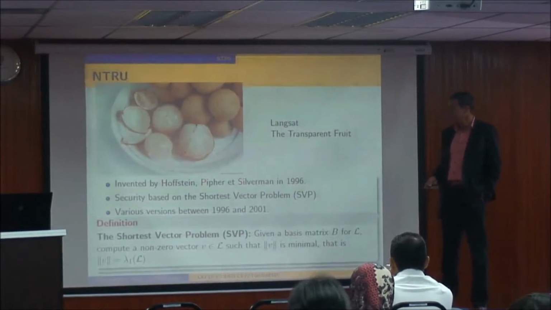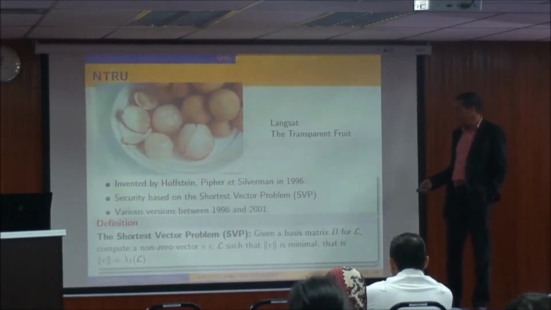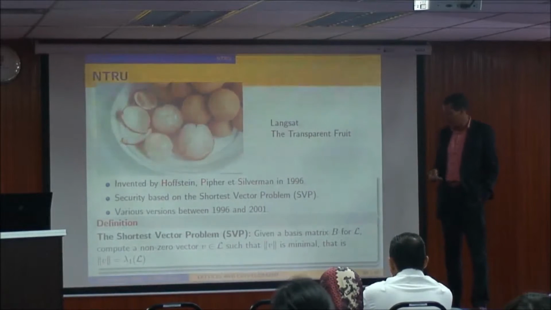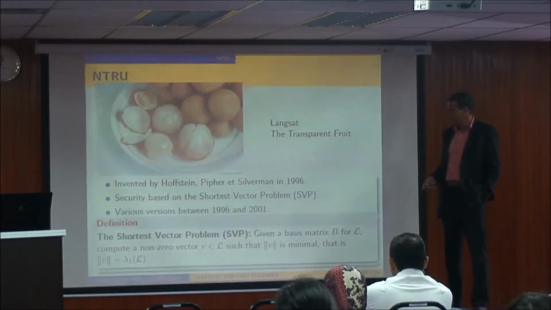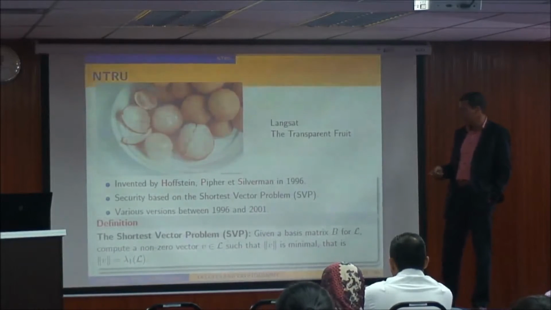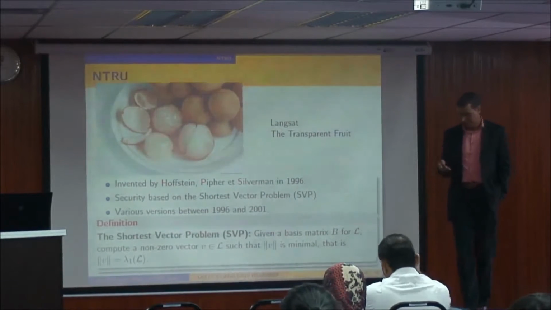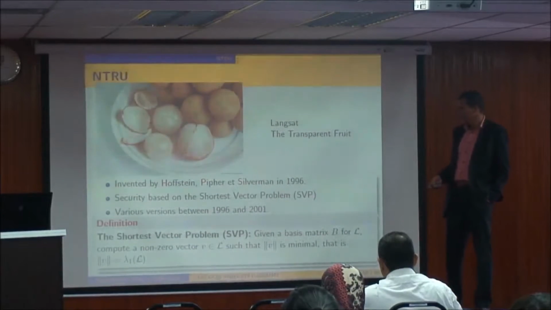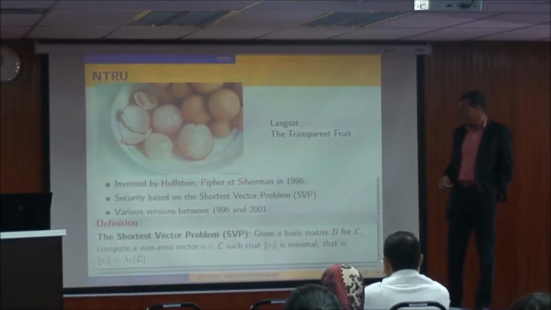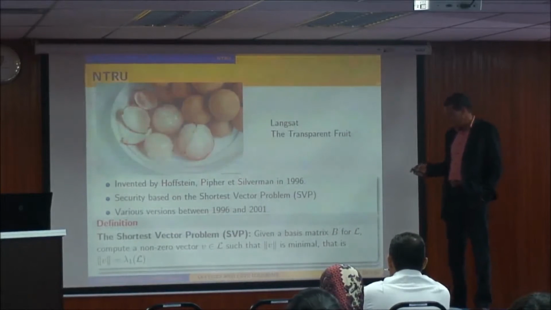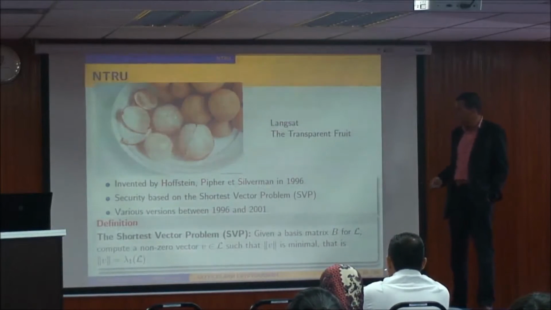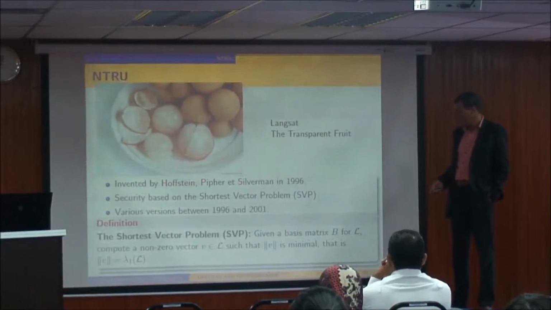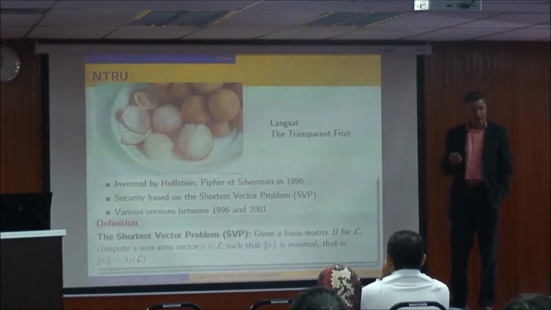The security is based on SVP, the shortest vector problem, and there have been many versions of NTRU between 1996 and 2001 for security reasons. The security of NTRU is mainly based on the SVP problem, and the SVP problem is a hard problem in practice.